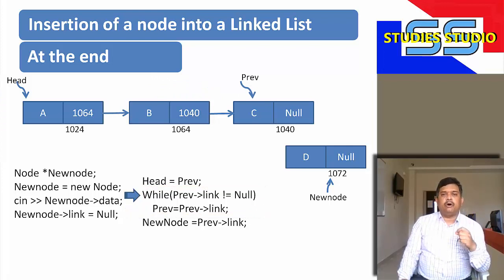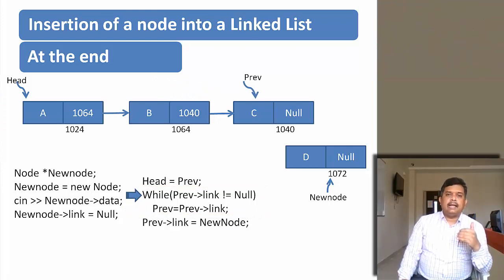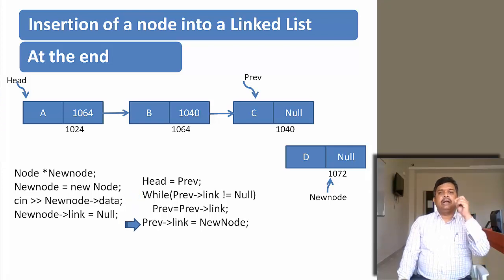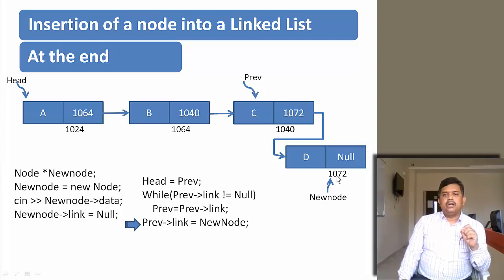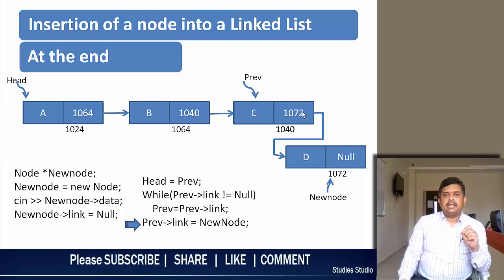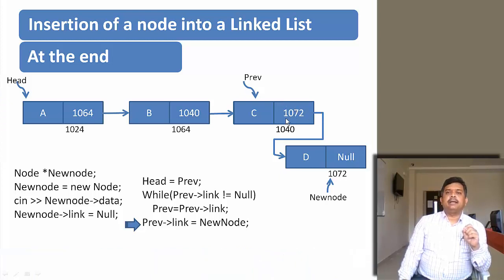So with the help of these two statements, I will be in a position to go to the last node. When the condition is false, it will come out of the loop, and there I will find that prev's link is pointing to null, and it is the last node of this singly linked list. So this previous link I will mark as the new node. Earlier it was null and right now it will be pointing to the node containing data D, and the new node's address 1072 is kept at this particular link.